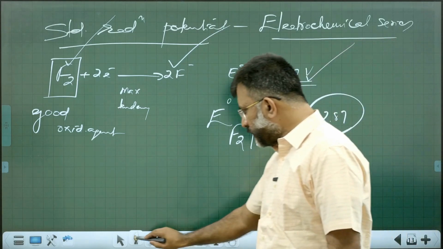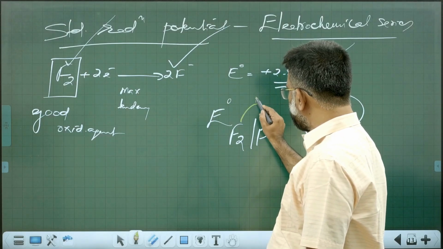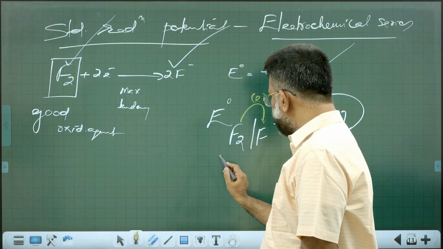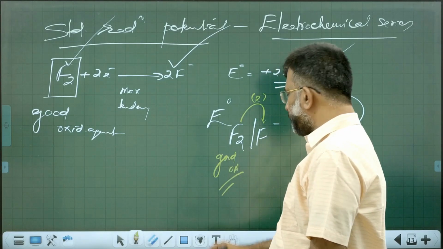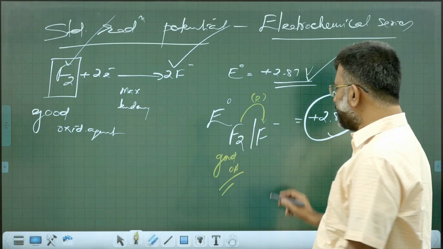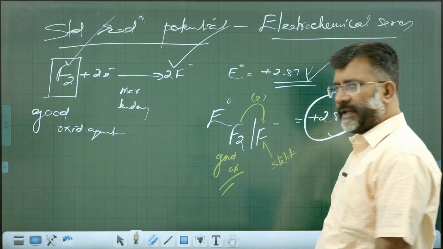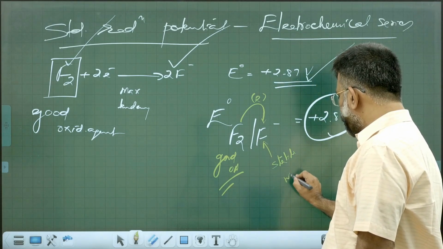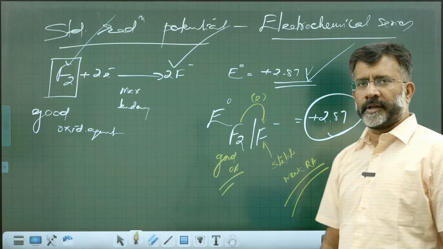That means this species has a great tendency to undergo reduction, and it is a very good oxidizing agent. And F minus is relatively stable, and that is a weak reducing agent.